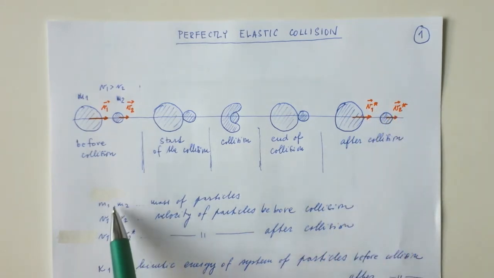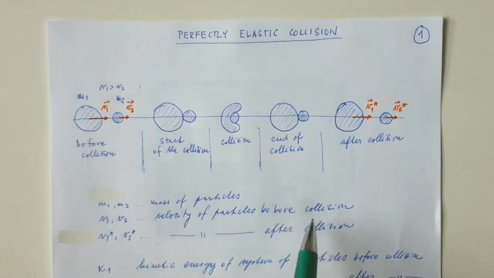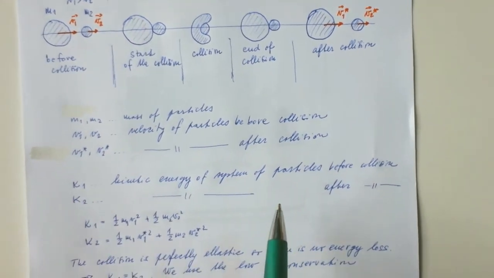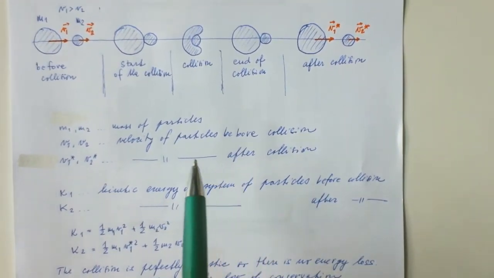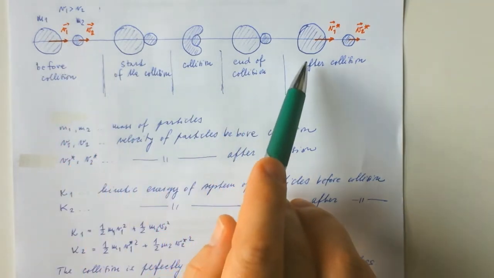So m1, m2 are masses of particles, v1, v2 are velocities of particles before collision, and v1, v2 with stars are velocities of particles after collision. We need to find a relationship between parameters before and after collision.